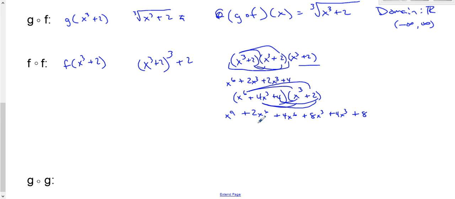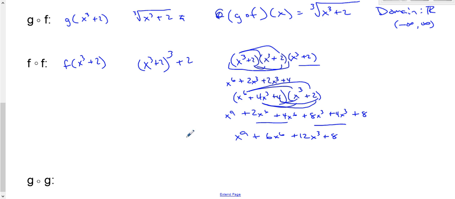Now we look to combine like terms. We have x to the ninth plus 2x to the sixth and 4x to the sixth, which is 6x to the sixth. We have 8x to the third and 4x to the third, which is 12x to the third, and then the 8 plus 8.